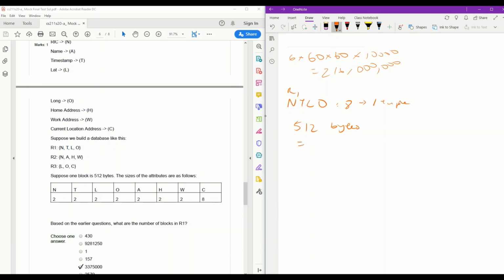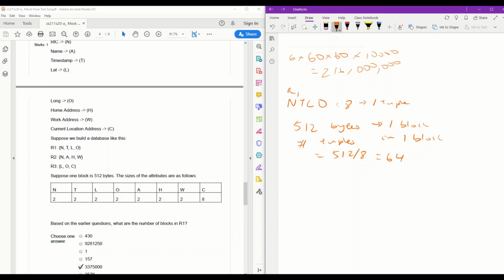The number of tuples in one block will be equal to 512 divided by 8, which is 64.